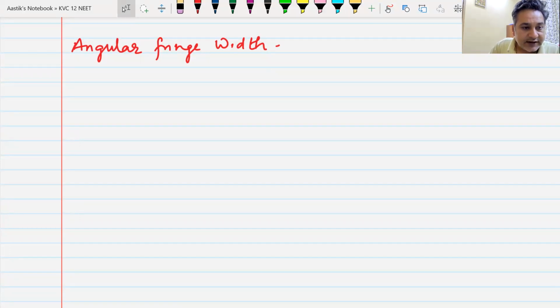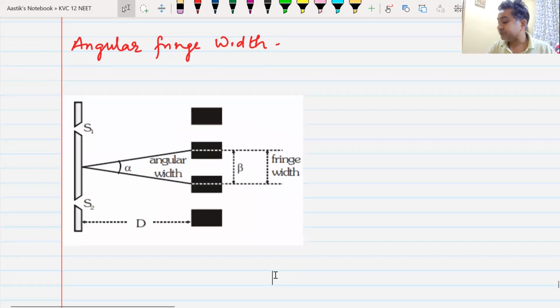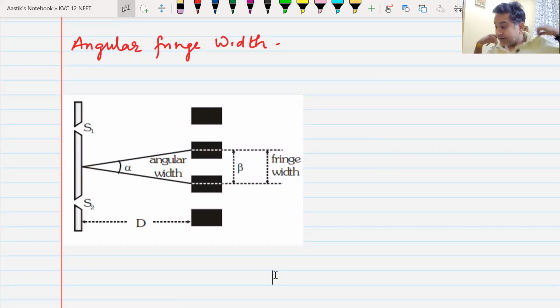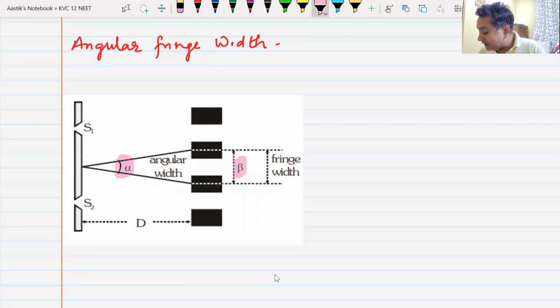It is given in terms of an angle that the fringe makes, or the angular position of the fringes. What we are writing here is the angular fringe width of the central maxima, and the angular fringe width of the central maxima is this alpha. This you can see is the fringe width.